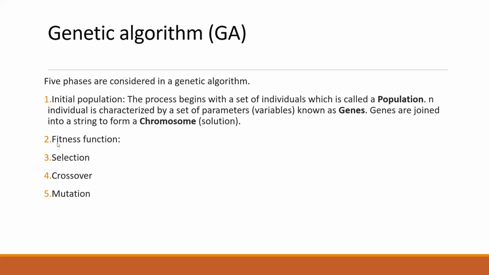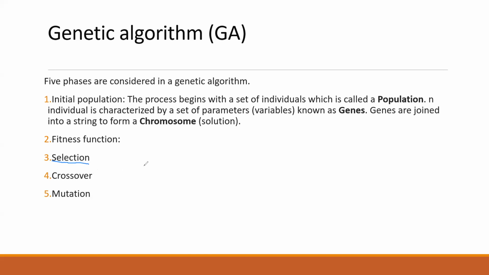Second is the fitness function, which helps us pick which chromosome will be the best one for creating new offspring. Next is the selection. Whenever we are given a population, we need to pick some chromosomes. The picking of chromosomes is known as the selection process.